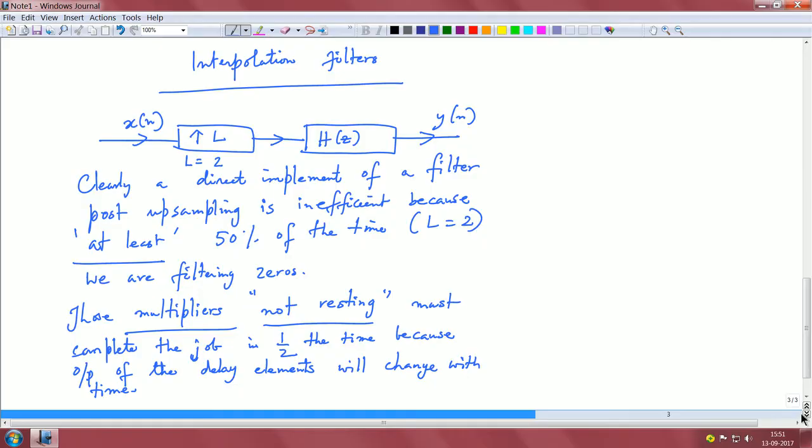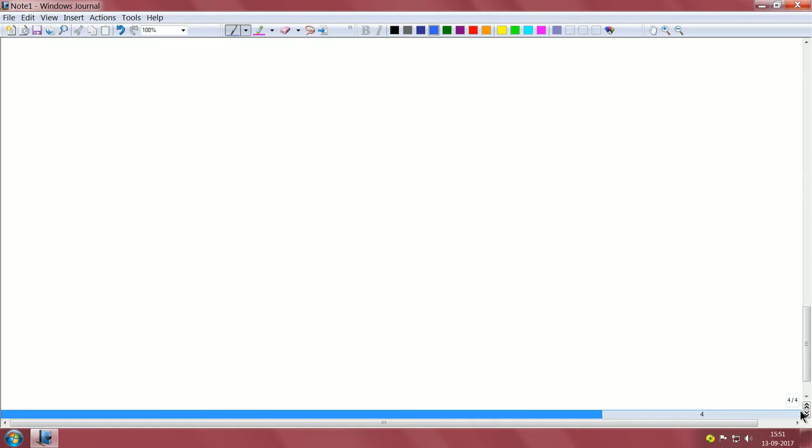So now fortunately we can think about an efficient implementation for this, and that is through type 2 polyphase decomposition of the filter, and then application of the Noble identity. So we will see how this works.